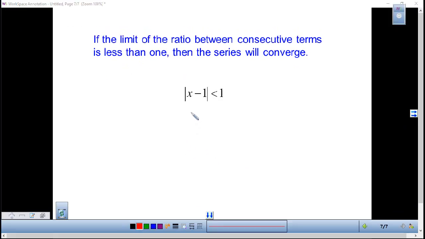With absolute value, you got a plus part and a minus part. So now we're going to solve for x by adding 1, plus 1, plus 1, plus 1. And we're going to end up with 0 is less than x is less than 2. So our interval of convergence is between 0 and 2.